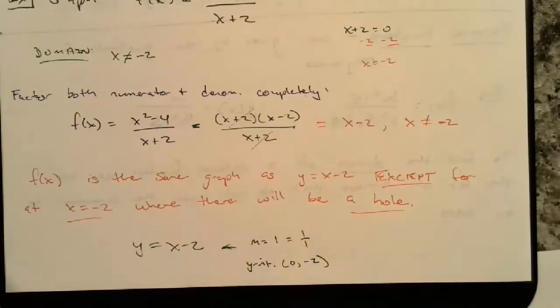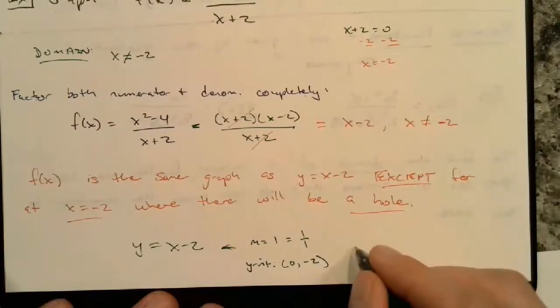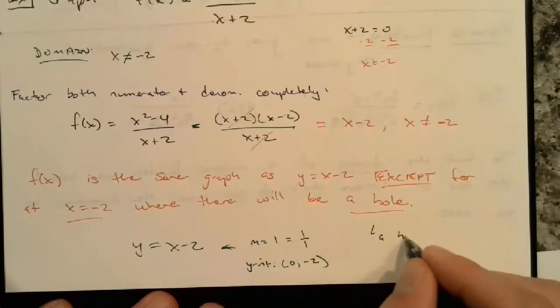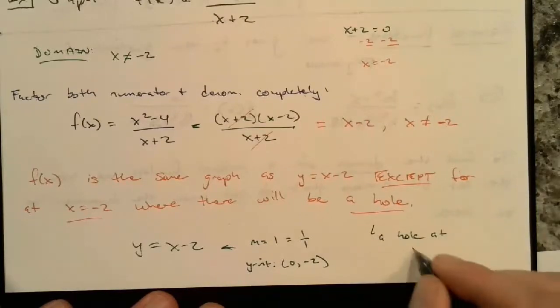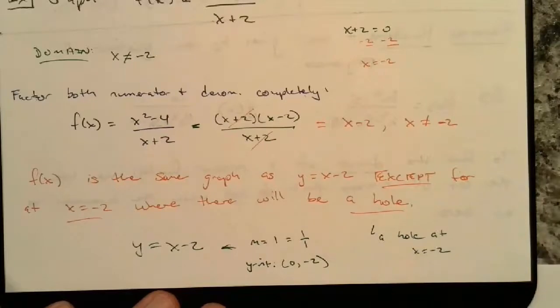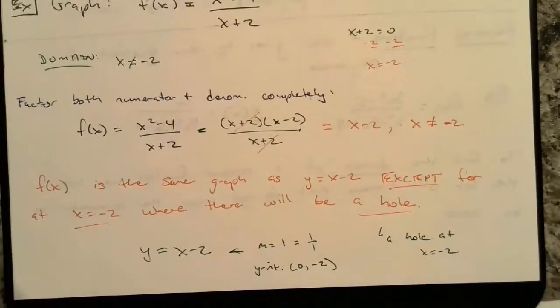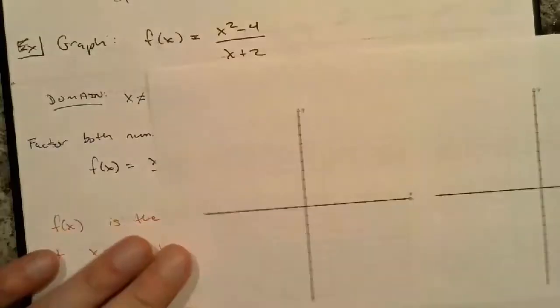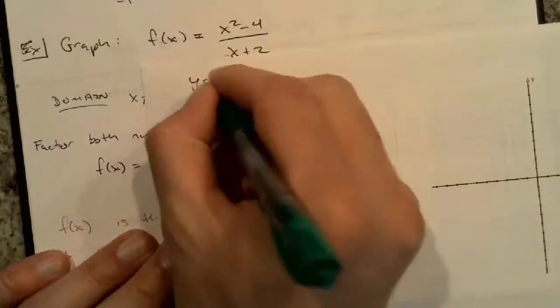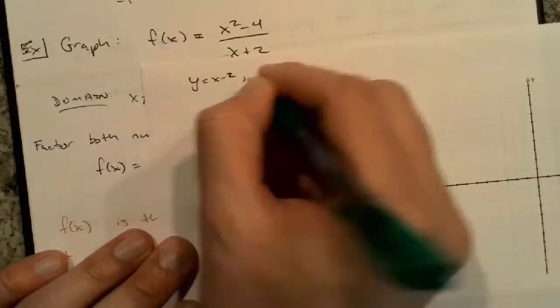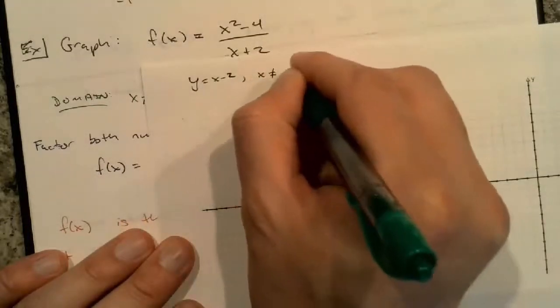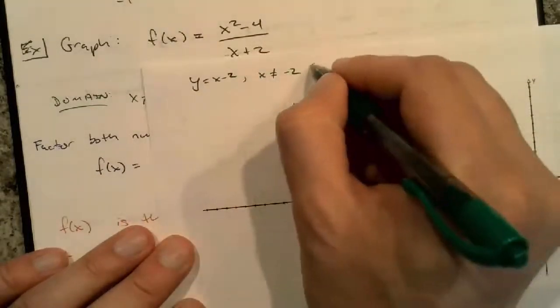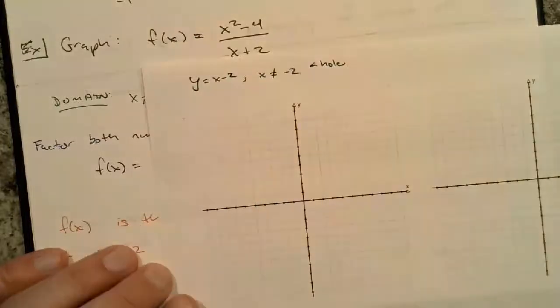So that's our slope-intercept form. We know the pieces we want to graph. And it has a hole at x equals negative 2, so we're going to graph this like we normally would. I'm writing it up here so it's easier to see: y equals x minus 2, and x doesn't equal negative 2.